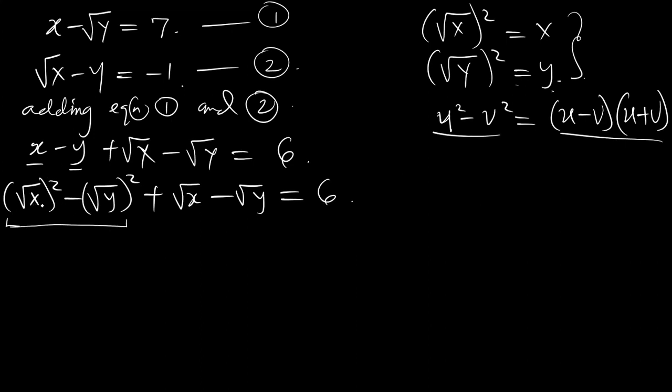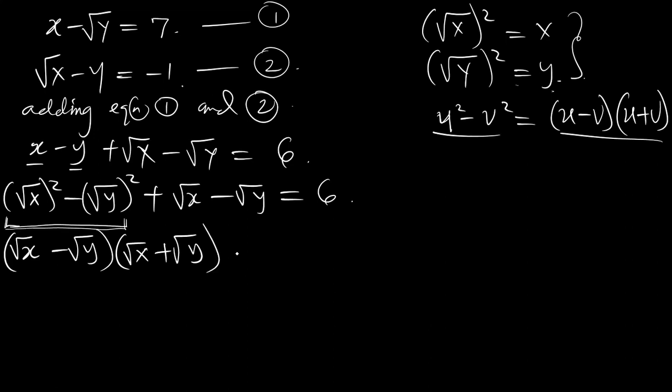So now we're going to factor it. You say the square root of x minus the square root of y, bracket open and bracket close, the square root of x plus the square root of y, then plus the square root of x minus the square root of y equal to 6.